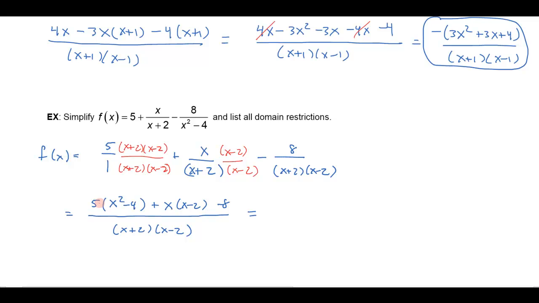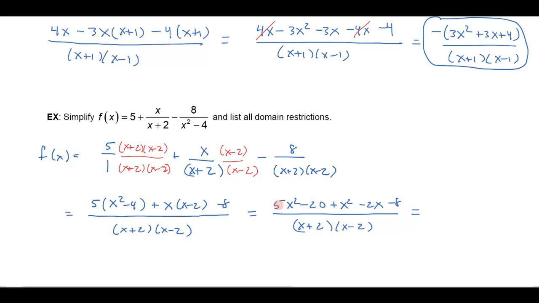Now I want to combine these, so let's distribute: 5x squared minus 20 plus x squared minus 2x minus 8, all over that common denominator.